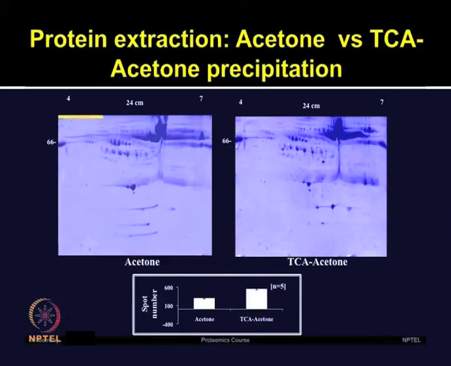As you can see in this slide, the left one is showing the overall protein spots present in the acetone alone treatment, and the right side shows the TCA acetone precipitation. Overall, more spots were resolved on the TCA acetone precipitated gel.